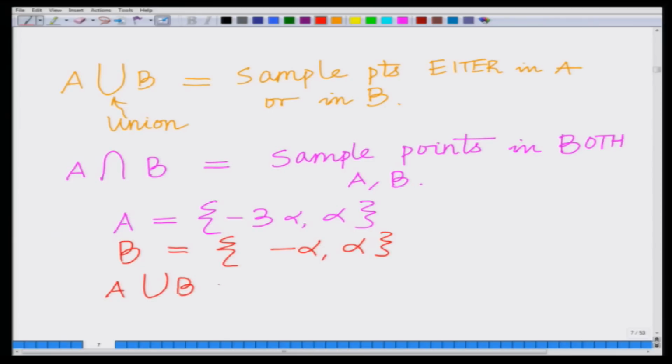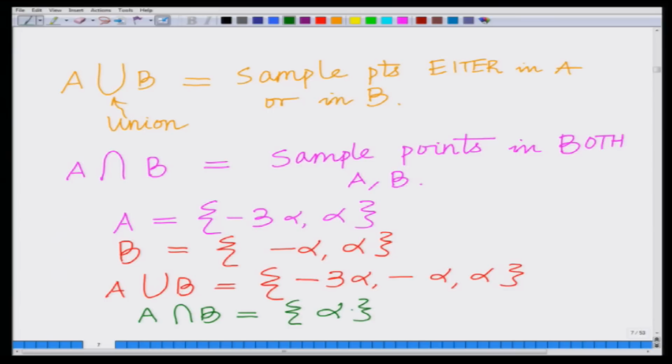Then A union B equals elements which are in either A or B, that is minus 3 alpha, comma minus alpha, comma alpha, and A intersection B equals sample points that are both in A and B, that is equal to alpha, right. So, we have defined the union of two events and the intersection of two events.